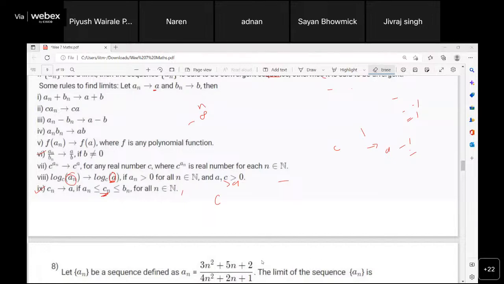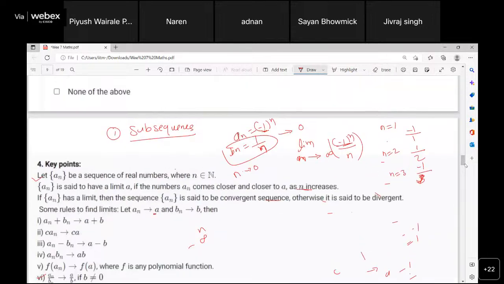So what is given to us here? You can see 1 by n and minus 1 by n. So here, when n equals 7, I am getting minus 1 by n, and if I say 1 by n, right? If I do this sequence, say minus 1 by 1, 1 by 2, minus 1 by 3, 1 by 4. So it is between minus 1 by n and here it is between 1 by n, right?